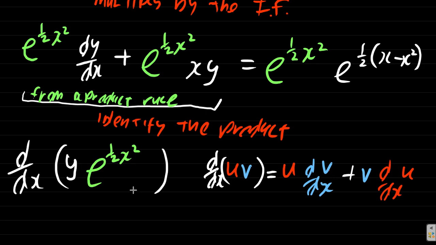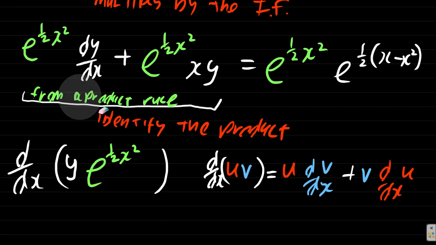What you are left with is what you get from differentiating e to the half x squared, which should give e to the half x squared times x.